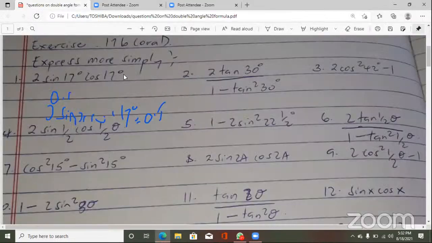Okay, so when we go to number 2, what did we say tan of 2a is equal to?